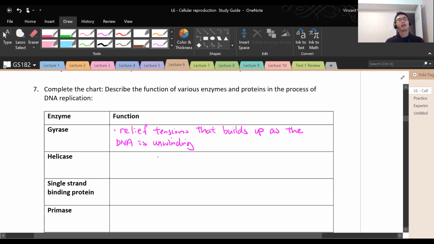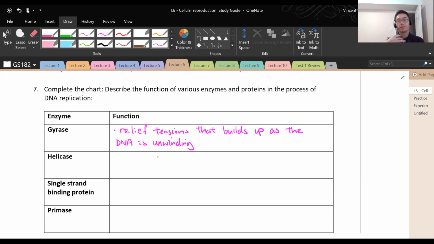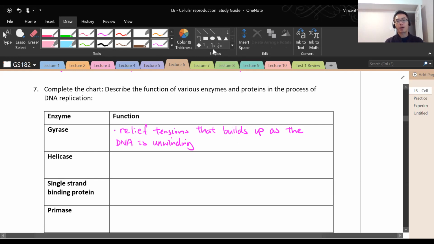Okay, so you probably know if you watch the recording that when you duplicate the DNA, you got to unwind the DNA, you got to open it up. But that opening is going to put strain on the DNA that is further down. And all the tension will build up. And if we don't relieve that tension, then the DNA will just snap off.